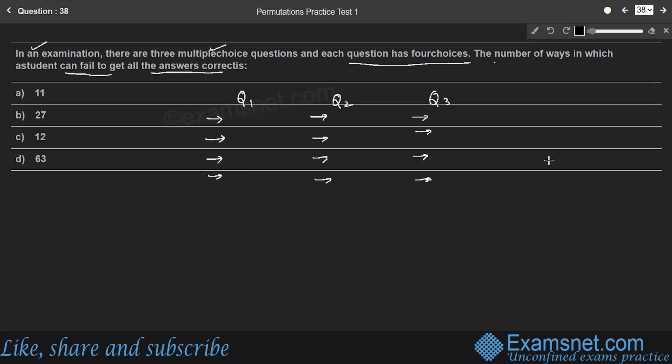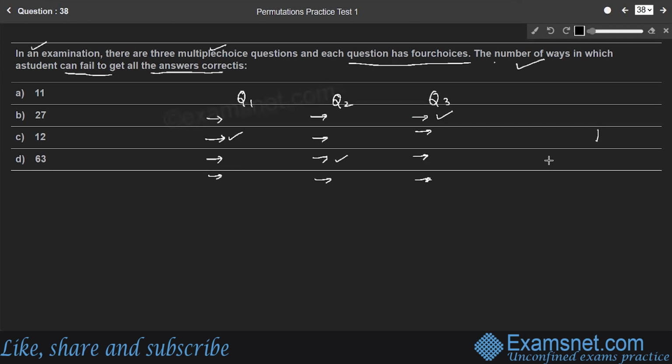So here we need to find the number of ways in which a student can fail to get all the answers correct. The number of ways in which a student can get all the answers correct is only one way. If option 2 is correct in question 1, option 3 is correct in question 2, option 1 is correct in question 3, in this order, there is only one way to get the correct answer.